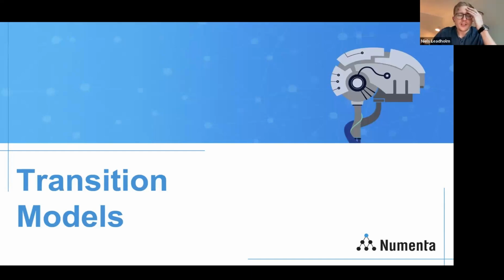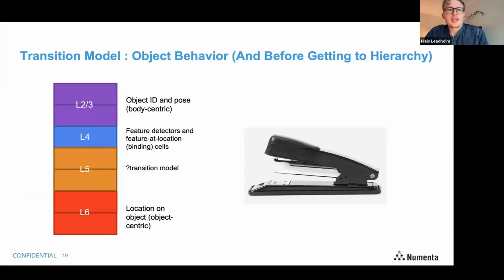So I thought as a first thing, I would try and walk through how I'm conceptualizing the transition models at the moment and how it maybe ties in with the cortical anatomy as we've been recently discussing. This is going to be focusing on object behavior, and it's not going to get into hierarchy yet.